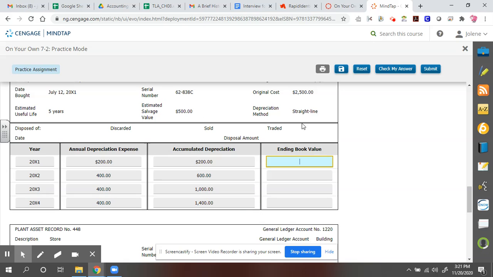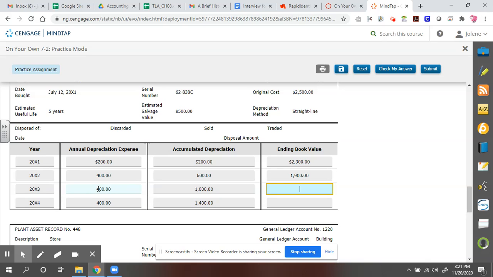Ending book value. It started off at $2,500. In that first year, you took off 200. So you subtract 200, and at the end of the first year, it's only worth 2,300. The second year, you took 400 off. So here, it's worth 1,900.